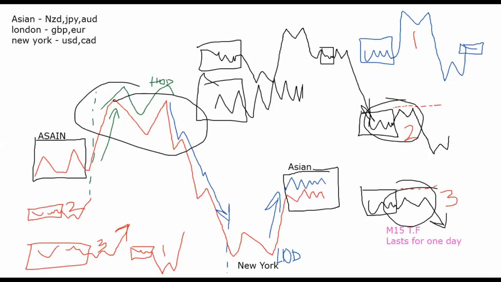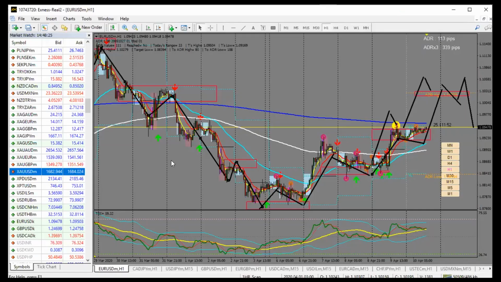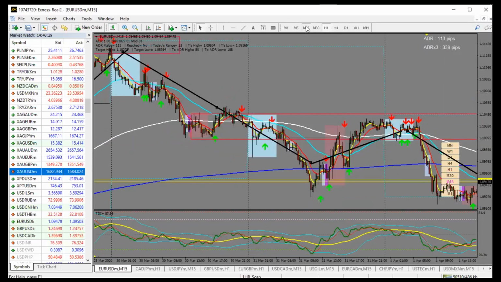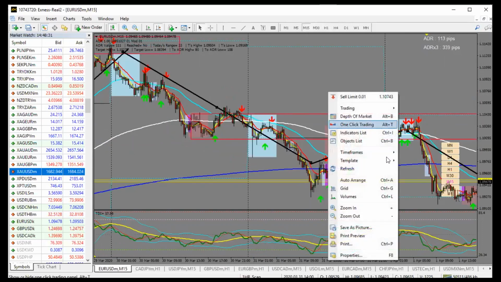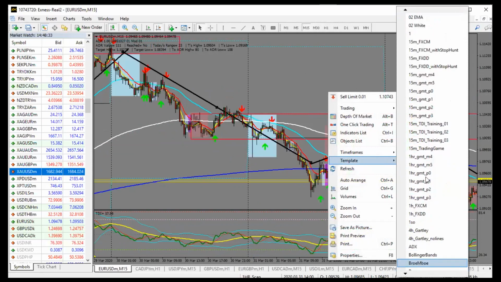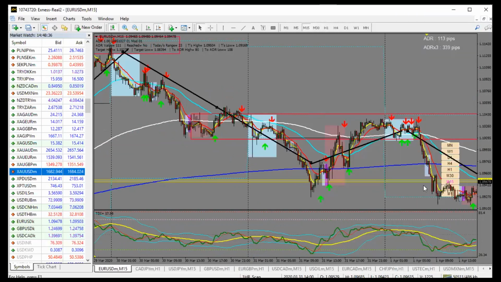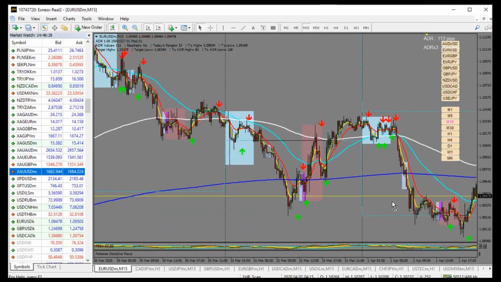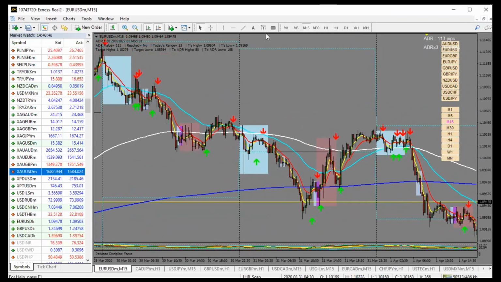Right, still on the same note, I want to go with you to our charts so I can show you. Remember, I said that we deal with the M15 time frame. Right, look at that.